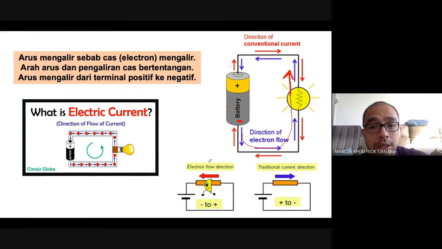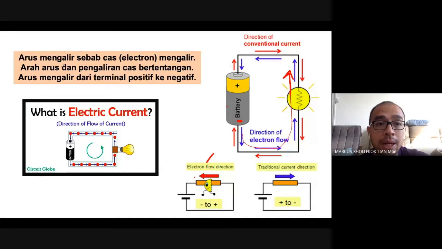So this is the electron flow direction from negative to positive, and the traditional current direction is from positive to negative. Whenever we talk about current flow, we say it moves from the positive terminal to the negative terminal. But actually, what is happening is that the electrons are flowing from negative to positive.